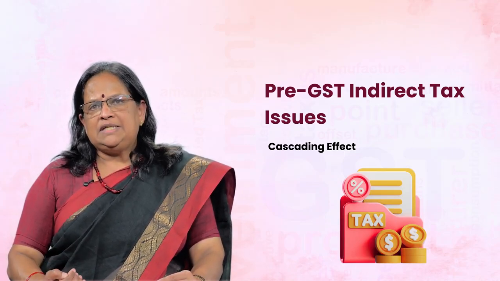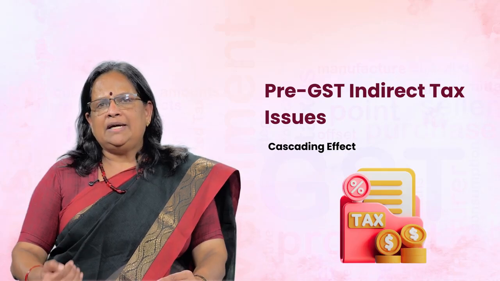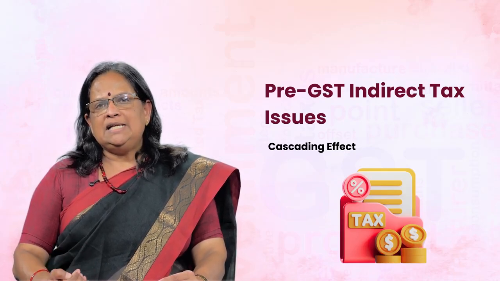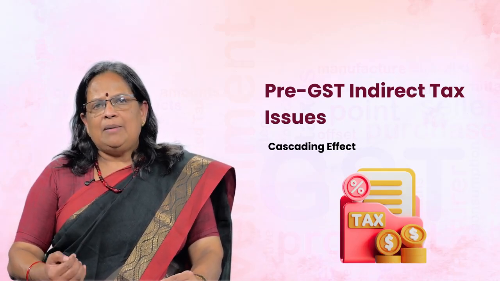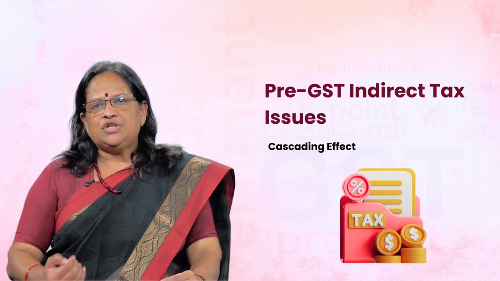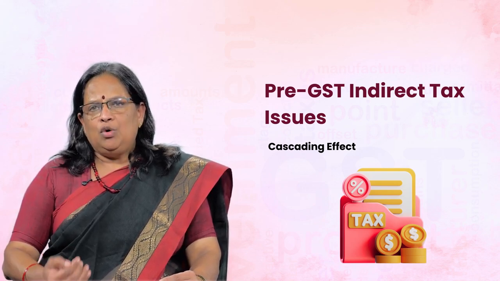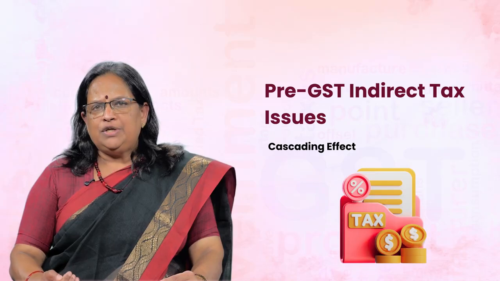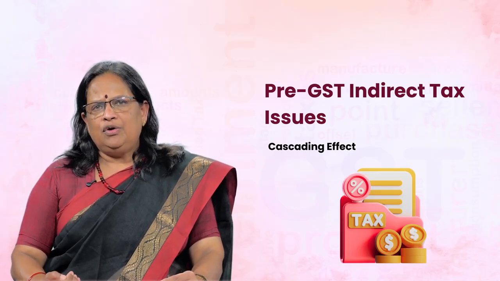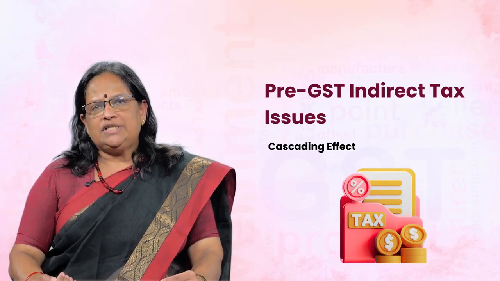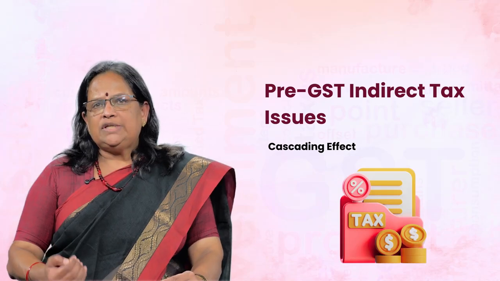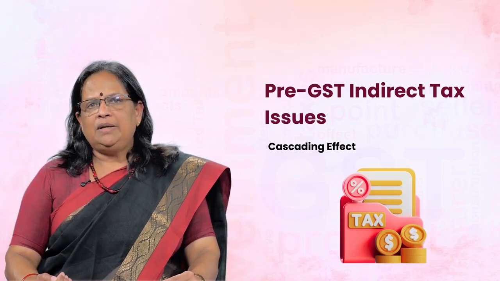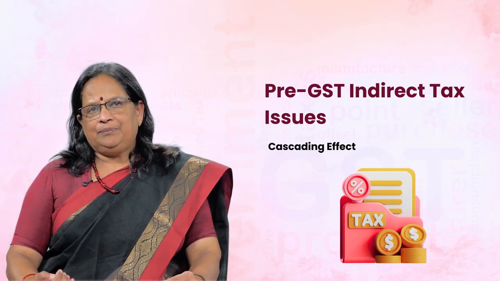There were multiple taxes on the same product like excise duty, VAT, sales tax, etc., which were applied at different stages of production and distribution. Moreover, there was no input tax credit system, therefore, businesses paid tax on tax. Again, no set-off of tax was allowed between different states.